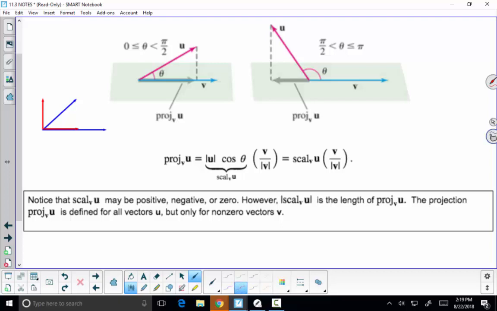This will be vector p, the projection of u onto v. What you can see is that we're able to decompose vector u and write it as the sum of p and p perp.